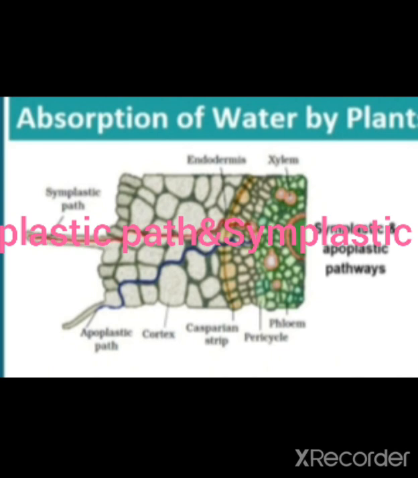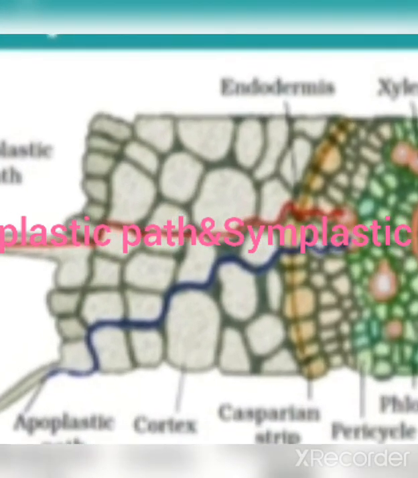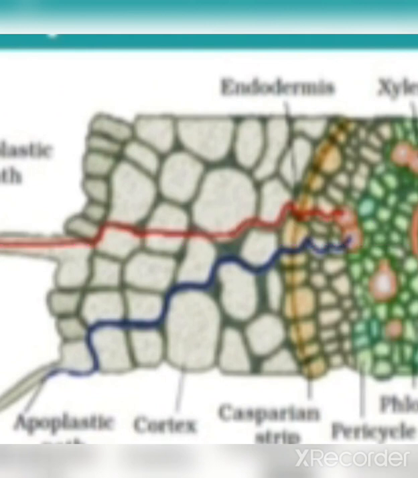First one, the apoplast pathway. It is the system of adjacent cell walls that is continuous except at the Casparian strip of the endodermis in the roots.